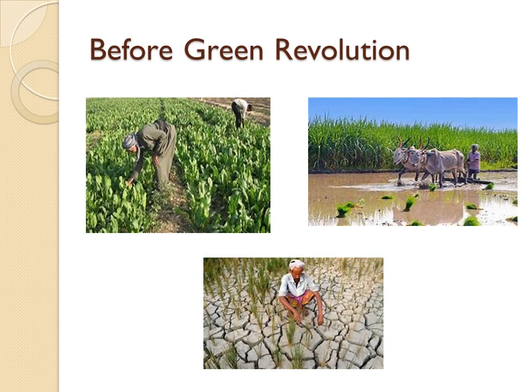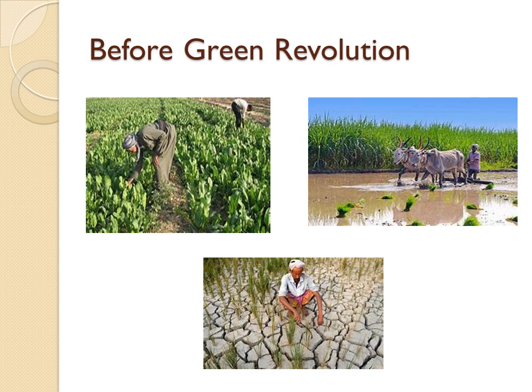As the picture depicts, our agriculture condition before Green Revolution was not so good in the country, as the farmers were not getting enough yield because they were using traditional methods of production. As you can see in this picture, the farmer is farming using bullocks.